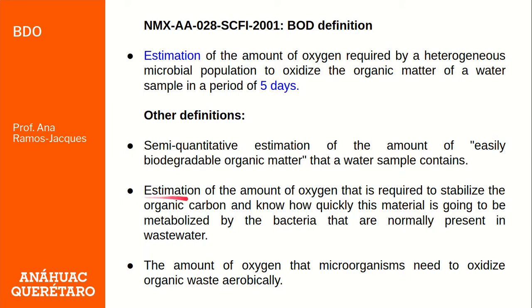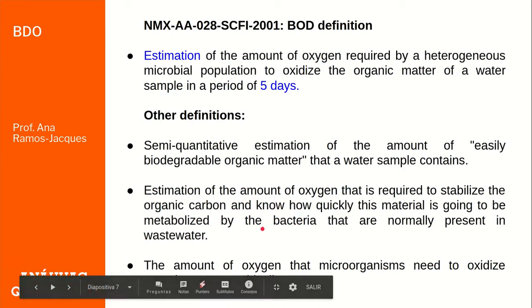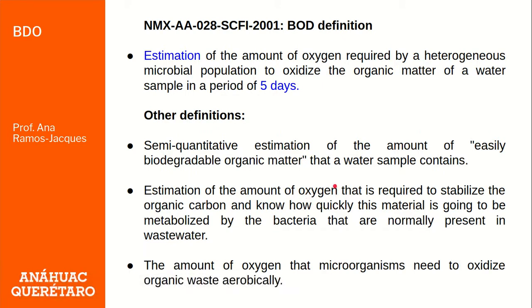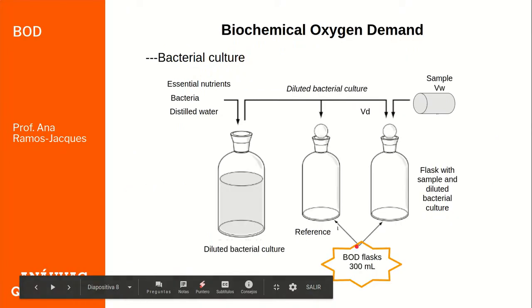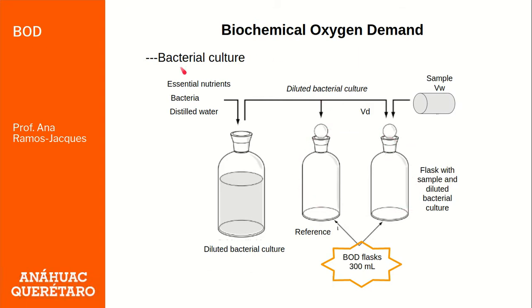It is a quantitative estimation of the amount of oxygen that the bacteria or microorganisms need to degrade organic matter. So here we have an example of the analytical analysis.